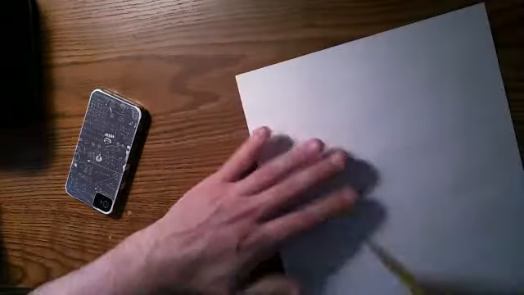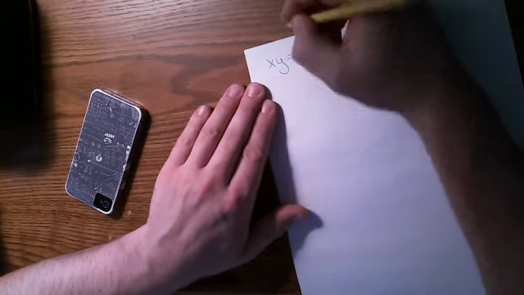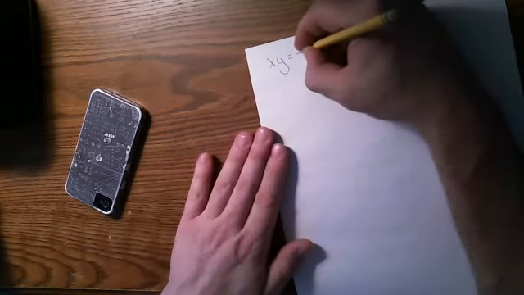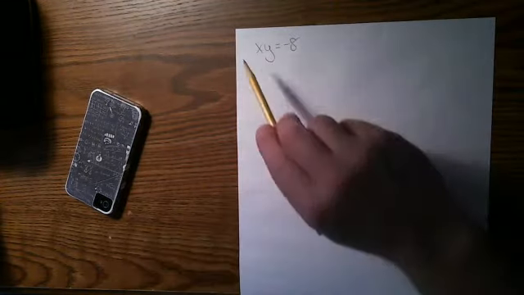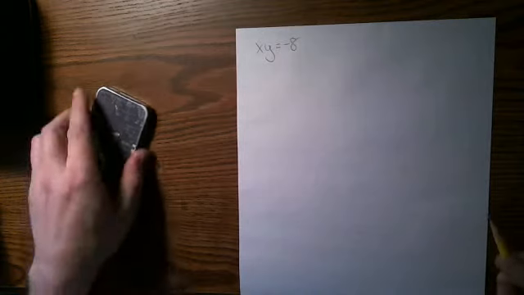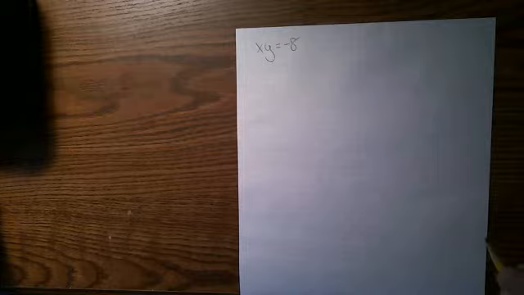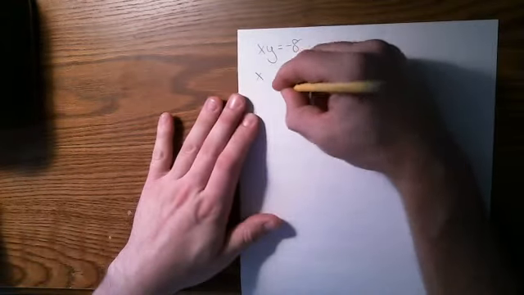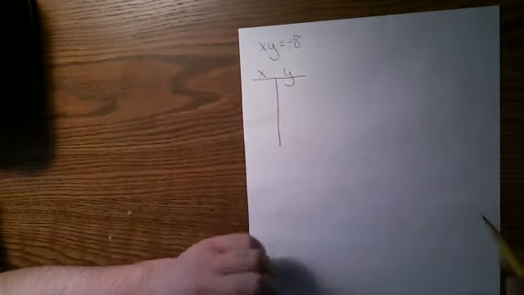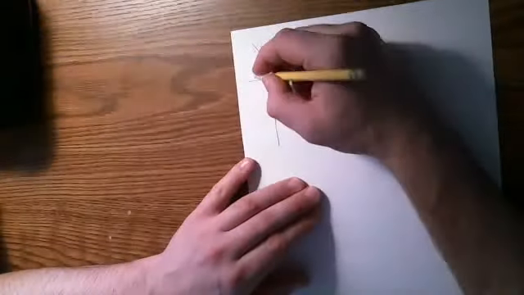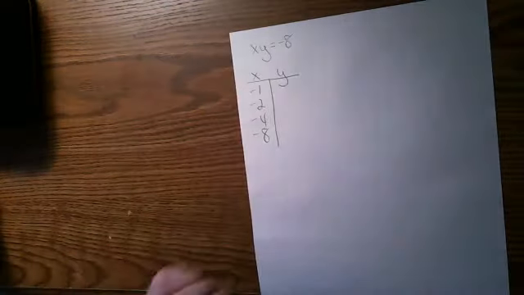Let's graph another hyperbola. Let's graph x times y equals -8. So now two numbers being multiplied together become -8, which means x and y values are opposite signs. So let's set up a table of values, and we're just going to list x values which are factors of -8. So I'm going to start with negative x values. -1, -2, -4, -8.